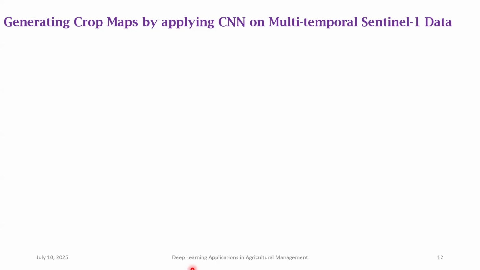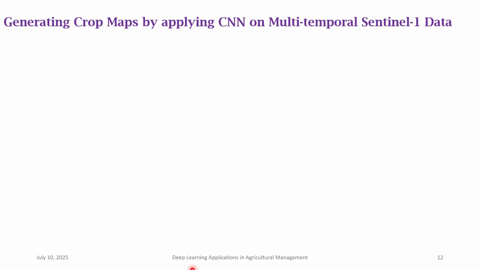Especially in India, during the rainy or monsoon season, which is happening right now, most days there is cloud cover over the entire country. Therefore, optical data will not be of much use, so we have to go for microwave remote sensing.